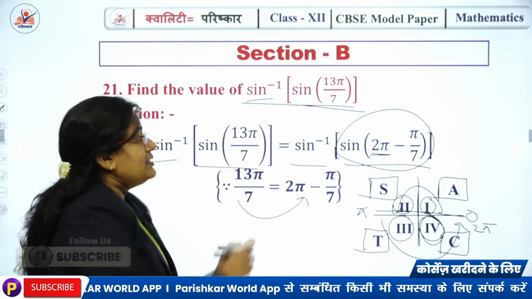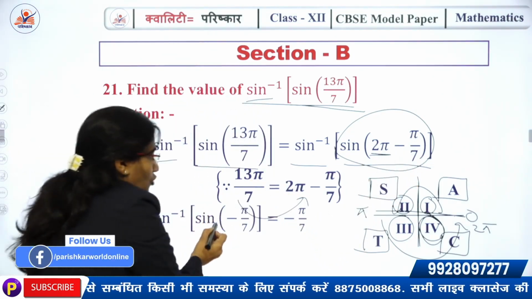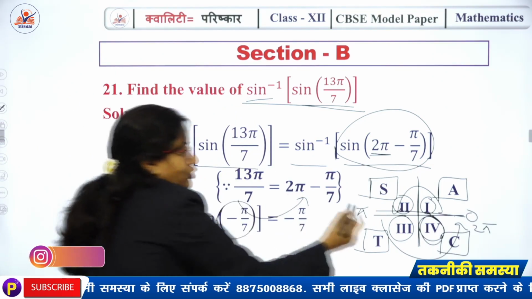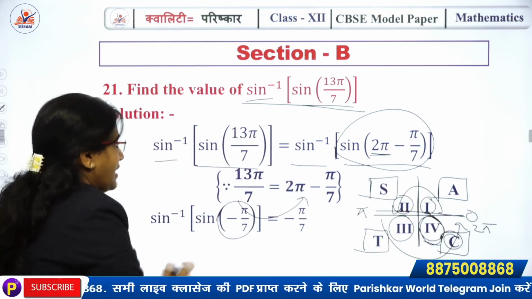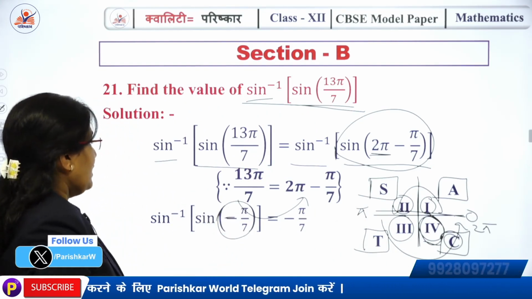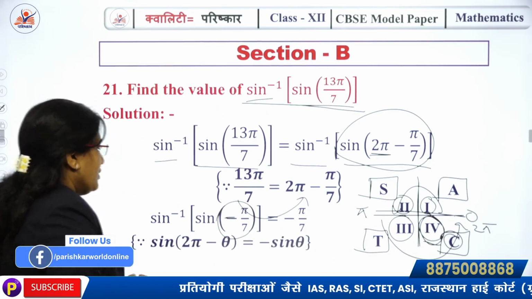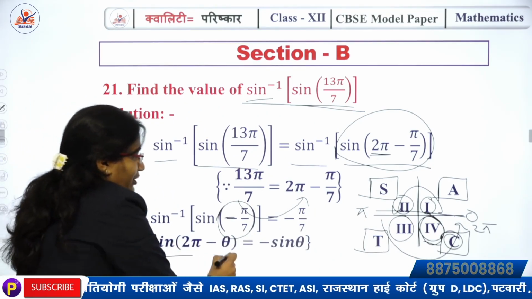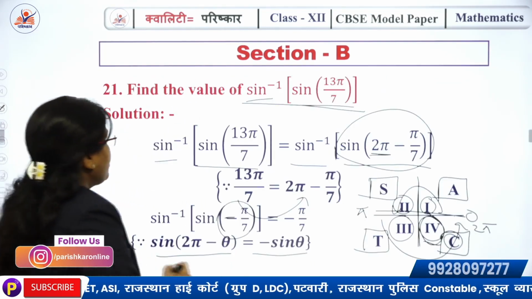As you can see, sine of 2 pi minus pi by 7 is negative, because in the fourth quadrant only cos and sec are positive. So we have a negative sign in this. It is equal to minus of pi by 7, because sine of 2 pi minus theta can be written as minus sine theta. So this is the answer to this question.